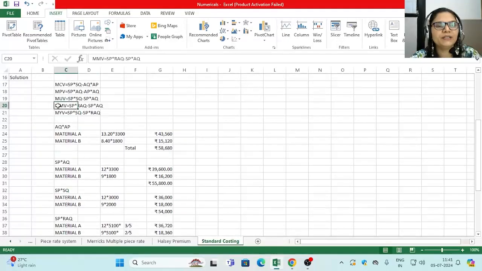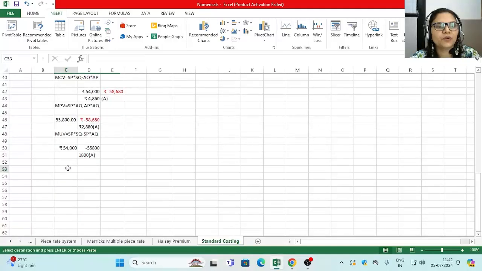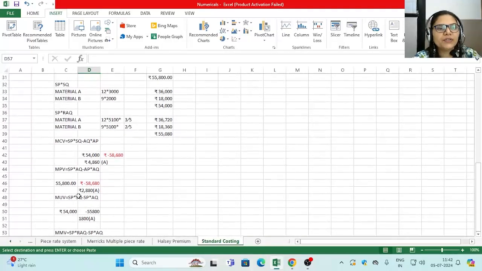Next is material mix variance. Material mix variance is calculated as follows. Formula is SP into RAQ minus SP into AQ. SP into RAQ, we have already calculated, it's 55,080.